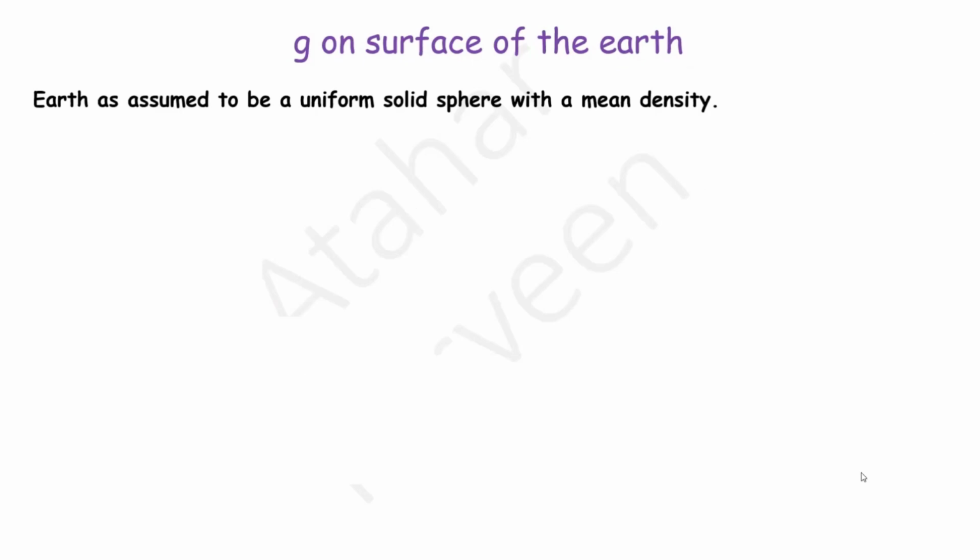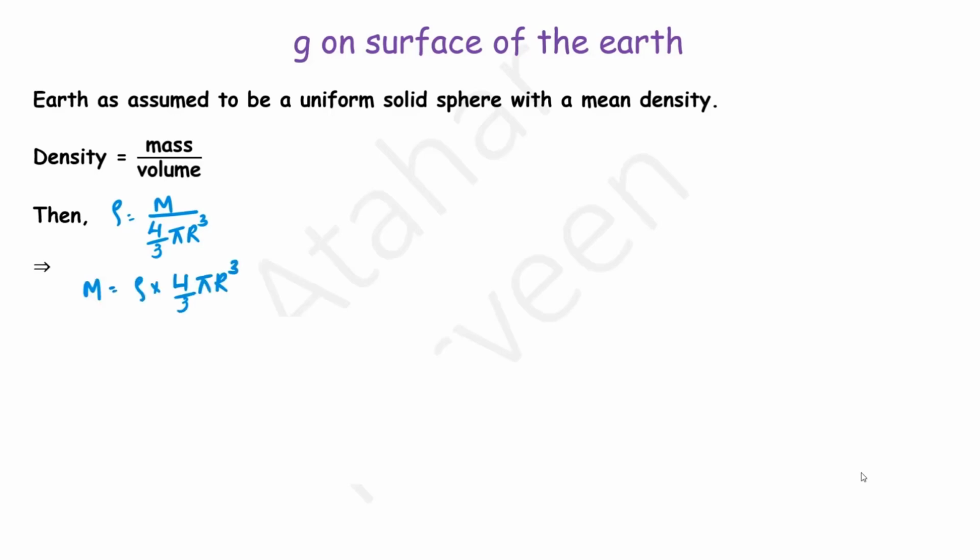Now we assume that the Earth is a solid sphere with a mean density. So density is equal to mass upon volume. You know this, right? And the volume of a sphere is 4 by 3 pi r cube. So I can write M is equal to rho into 4 by 3 pi r cube, where rho is the density symbol.